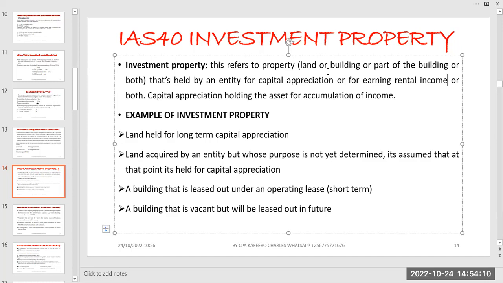If you have acquired land, but you have not determined which activity you are going to use it for, then at that point we say it is held for capital appreciation. It is held to increase its value.